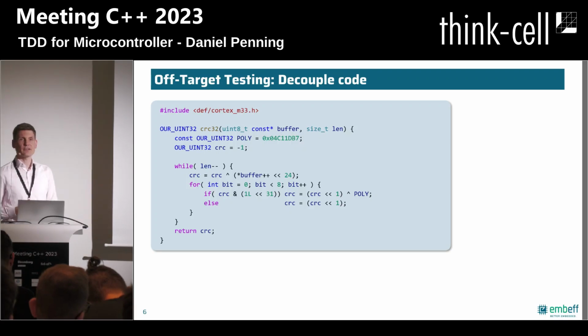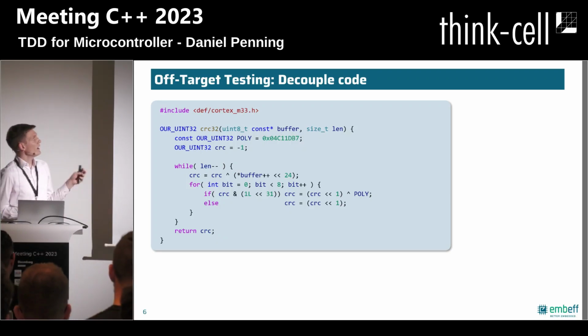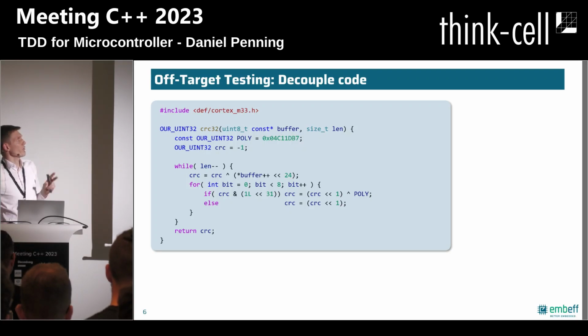It's basically calculating a checksum and returning this. The implementation is not really important. The inputs are a range of bytes, and the output is a 32-bit value. This is supposed to run on a Cortex-M33, so an ARM Cortex controller.